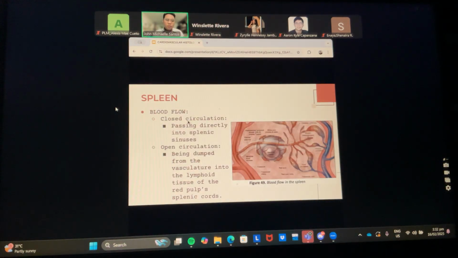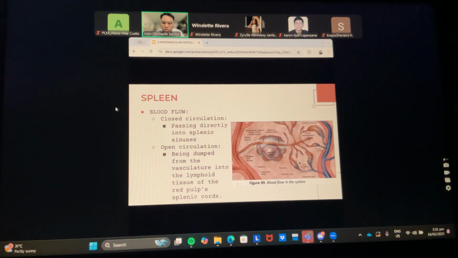So the blood flow, it can either be closed circulation. Ibig sabihin ng closed circulation, ito, okay? So yung blood mo nanggaling dito, and then magta-travel siya, babalik din siya doon sa veins, okay? So yun yung closed. Meron siyang dinaanang blood vessel. Ang open circulation natin, the blood is being dumped from the vasculature into the lymphoid tissue of the red pulp of the splenic cords.